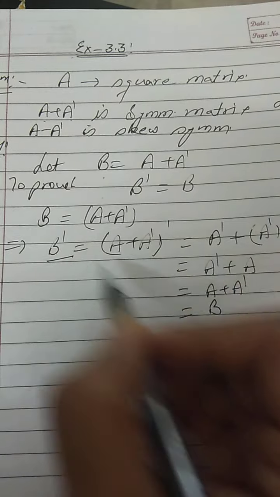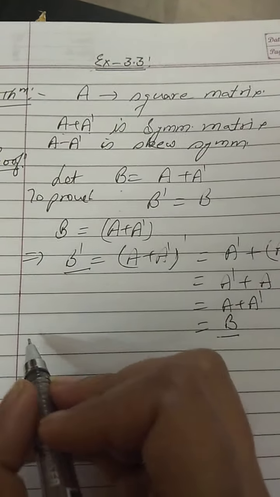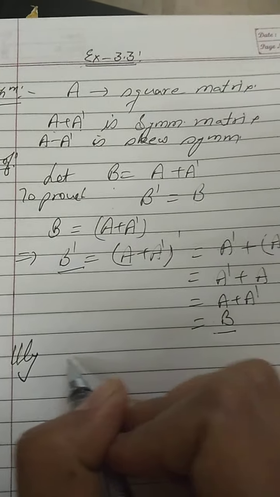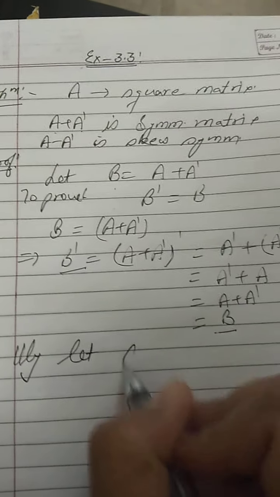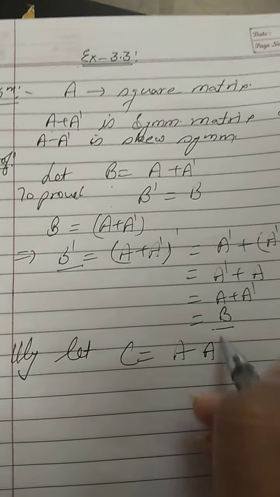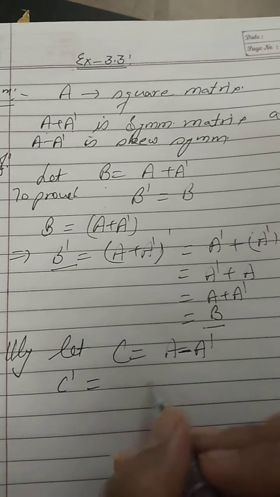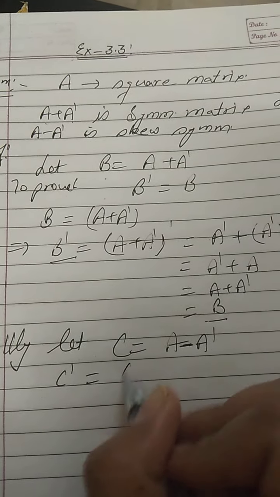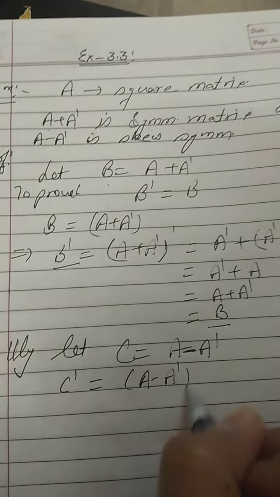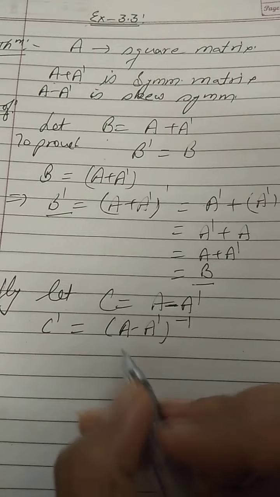So we have shown that B transpose is equal to B. Similarly, let C equal A minus A transpose, and we will prove that C transpose equals minus C. I take the transpose of A minus A transpose.